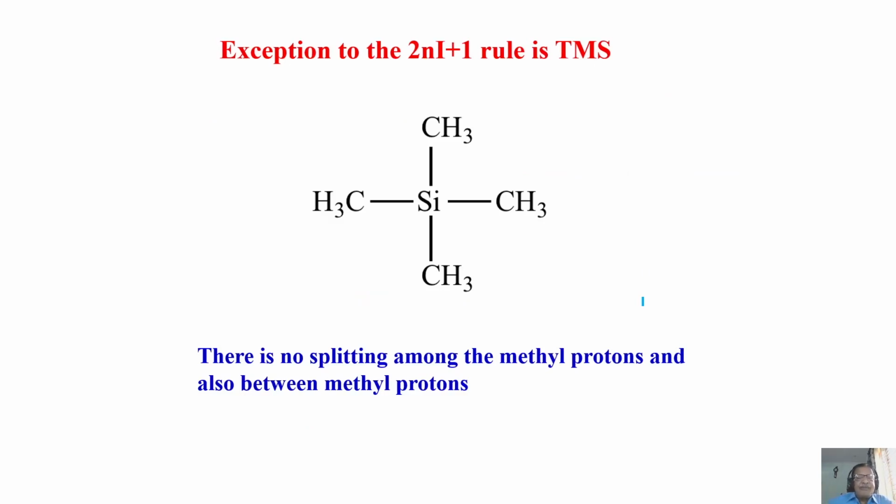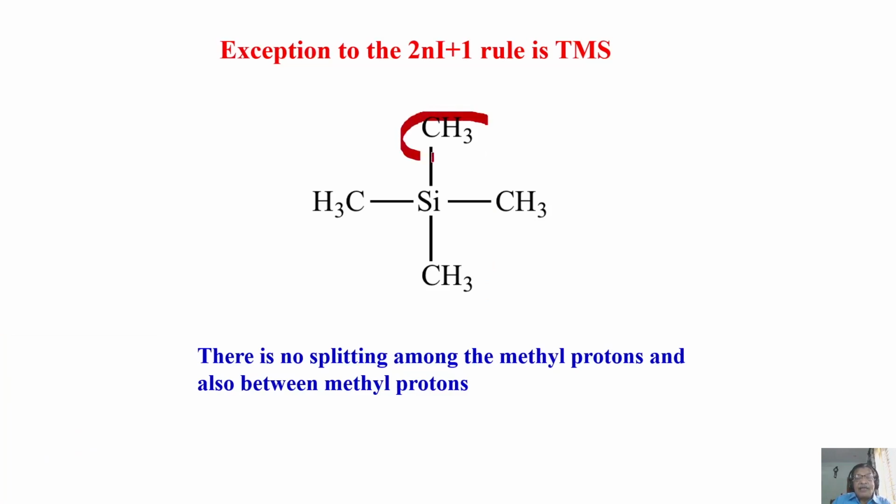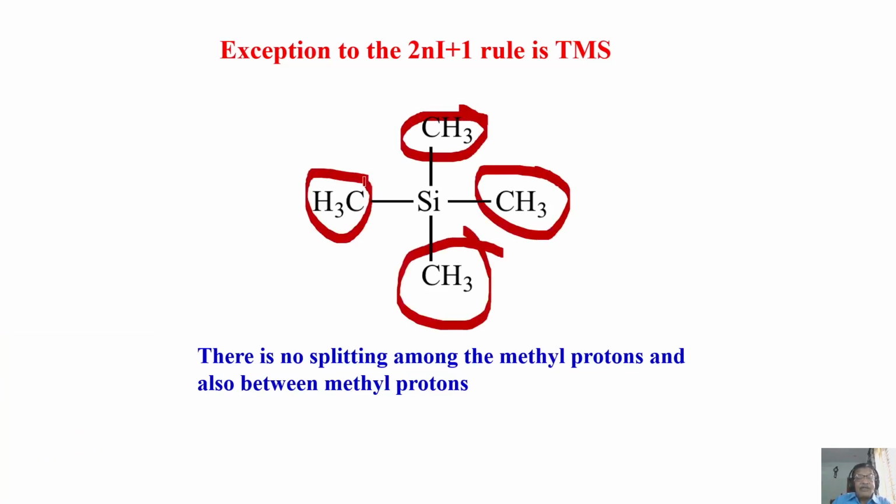It's a very simple molecule. All of you know that. When I discussed chemical shift, I explained to you that this CH3, this CH3, this CH3, all CH3s are chemically equivalent. And the protons of this CH3 group are also chemically equivalent.